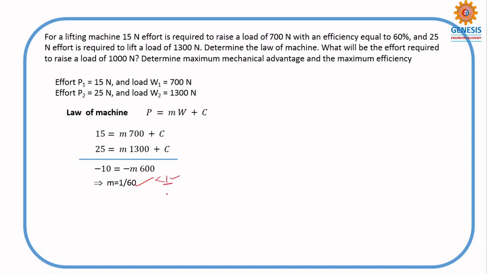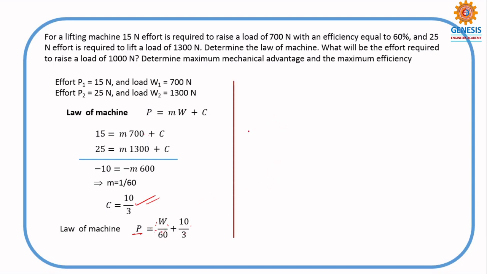Next, c is found by substituting these values in one of the equations. You are going to get the c value, and the law of the machine is P is equal to 1 by 60 into W plus 10 by 3. You can also convert this into decimal form, nothing wrong.